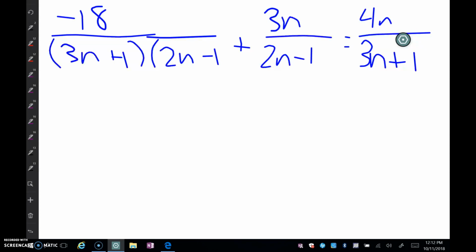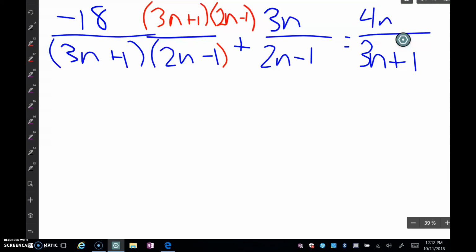So since my LCD is 3n plus 1 times 2n minus 1, I want to multiply each fraction by that. And notice I'm putting it up in the numerator because it is not a fraction. I'm just trying to squeeze these in here to show you what I got. And I don't have enough room, but maybe you'll still be able to tell what I'm doing.